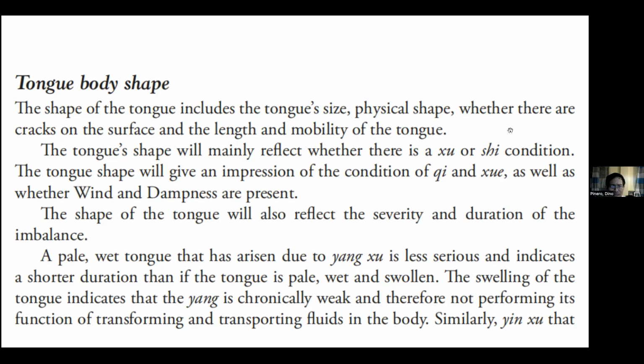So, madidetermine din po natin sa shape ng tongue kung gaano po ito ka-severe or gaano katagal na sa katawan. A pale, wet tongue that is arisen due to yang deficiency is less serious and indicates a shorter duration than if the tongue is pale, wet, and swollen.